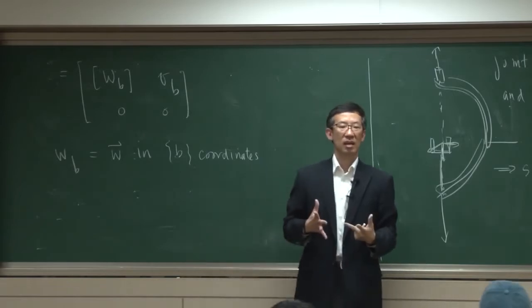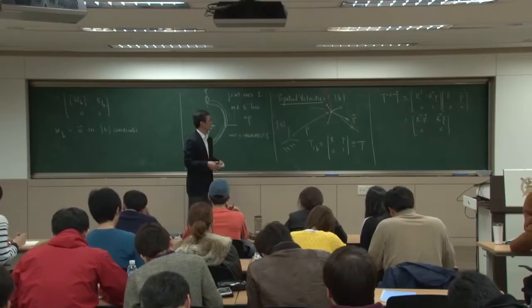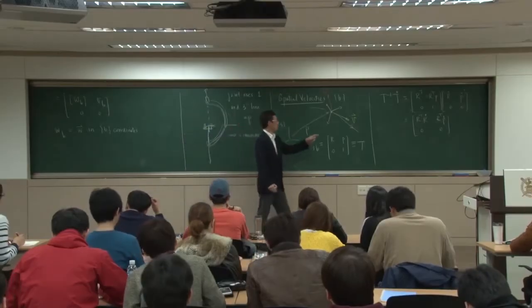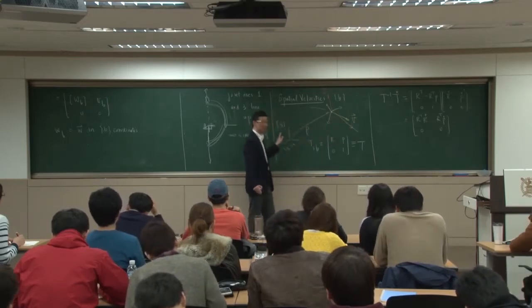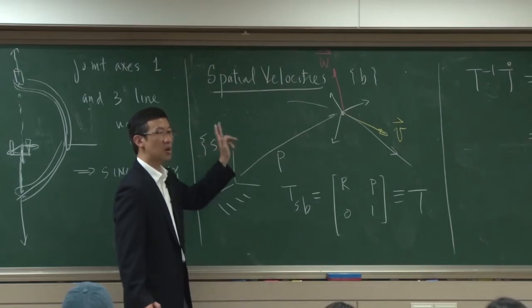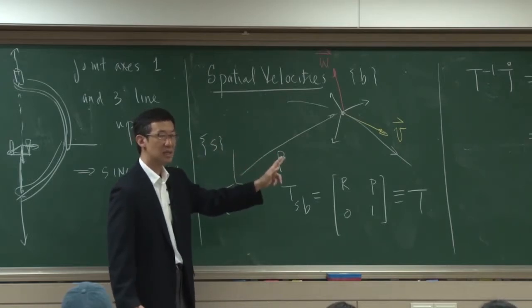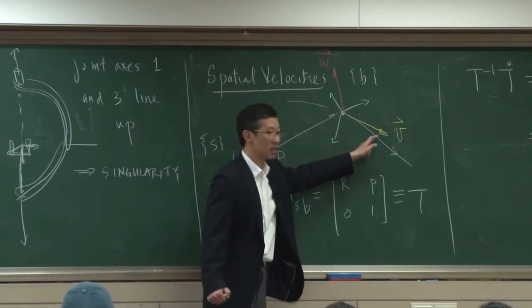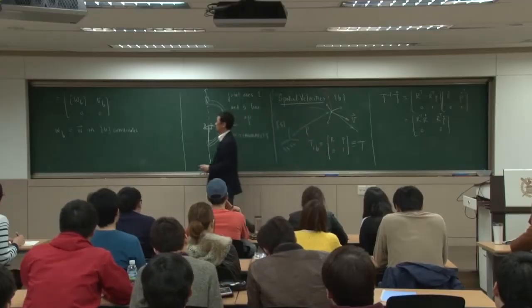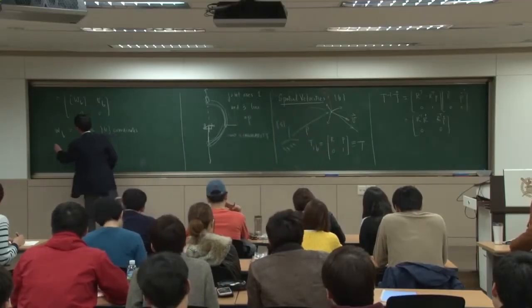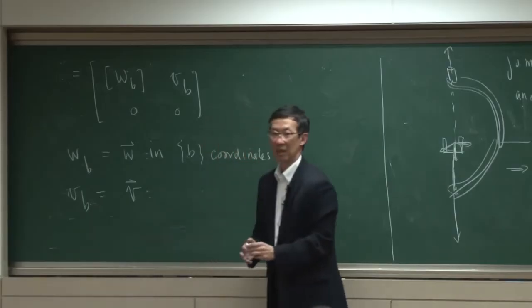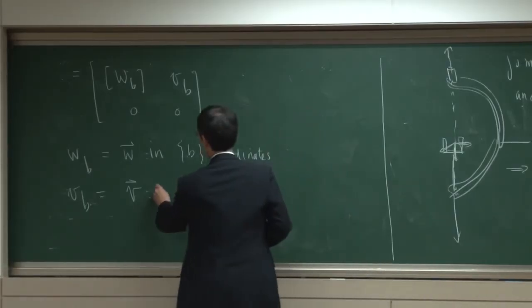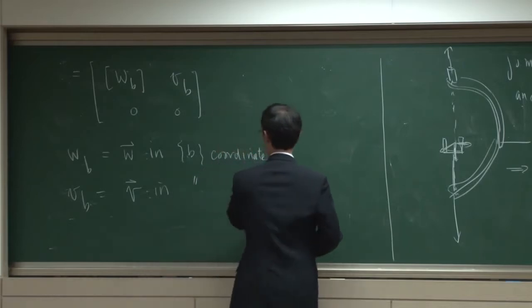What's P dot? This vector V expressed in S frame coordinates. So R transpose P dot is this linear velocity V, so V sub B is this linear velocity V also expressed in B frame coordinates.